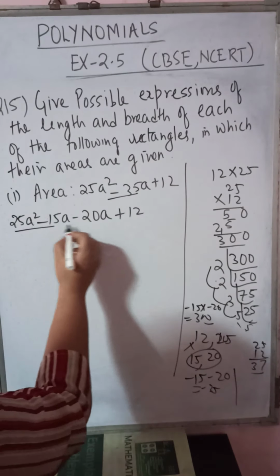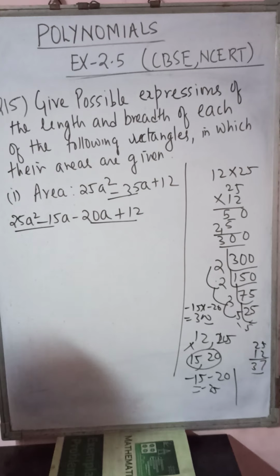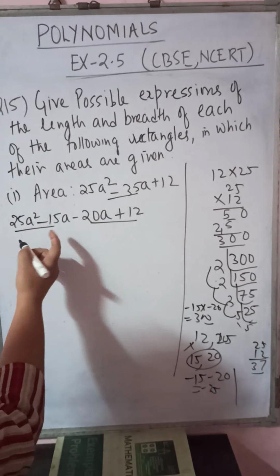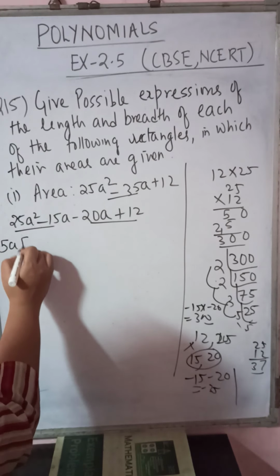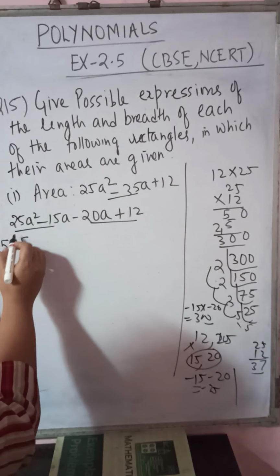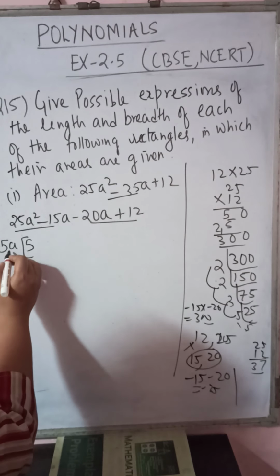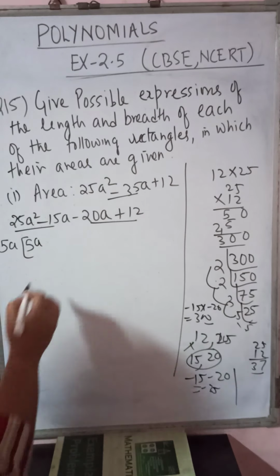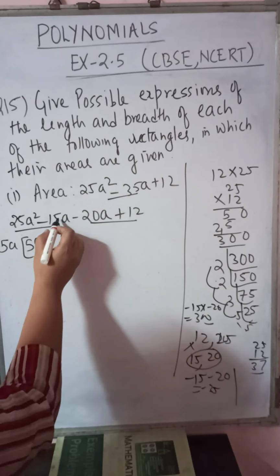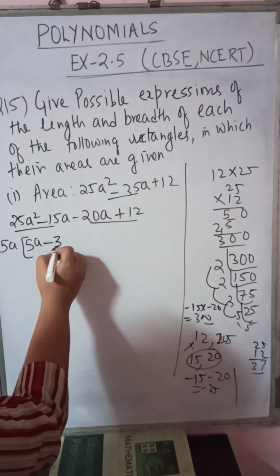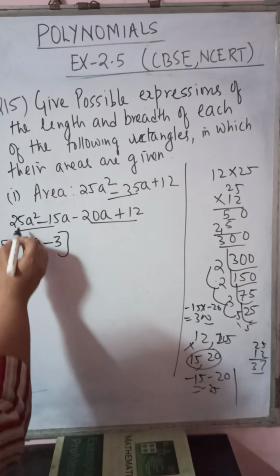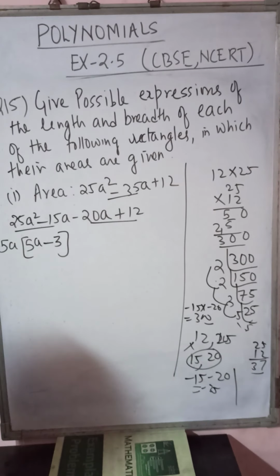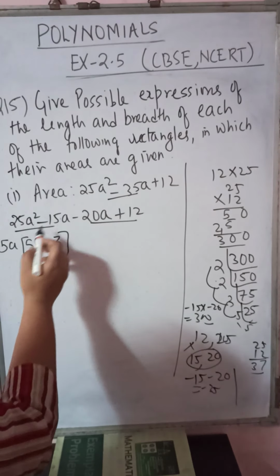Next step, again grouping of terms. In 25a square and 15a, what is most common? 5 and a. Now 5 you have taken out, so 5 5s are 25, a is already there, so 1a you will write. Minus 5a, how many times do you get 15? 3. So 5a into a square, minus 5 3s are 15, a.